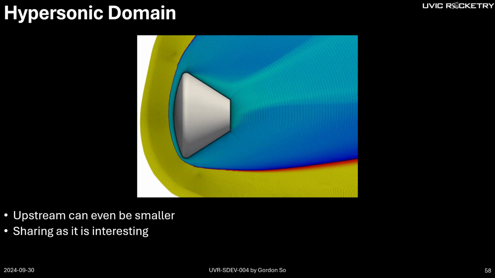Hypersonic flow even allows you to put your inlet way closer. However, hypersonic flow is different because your fluid gets so hot, you need to start modeling different states of your flow.